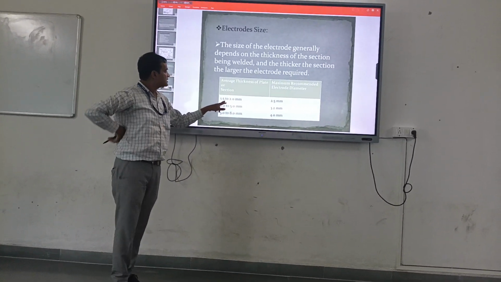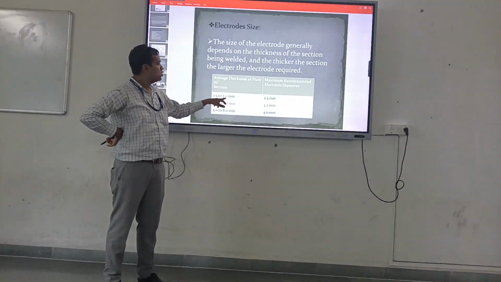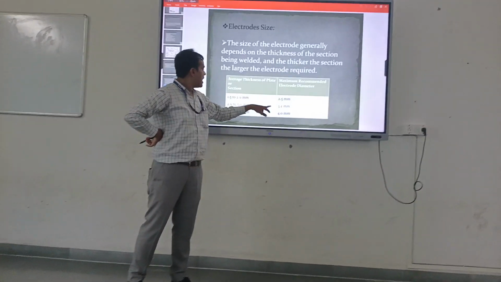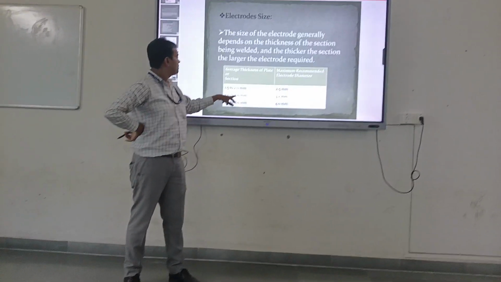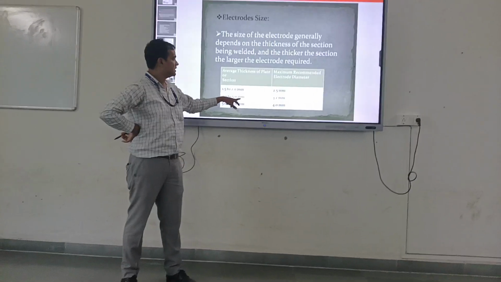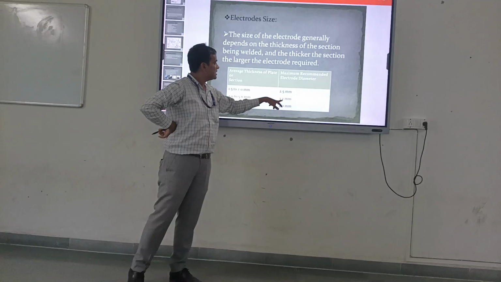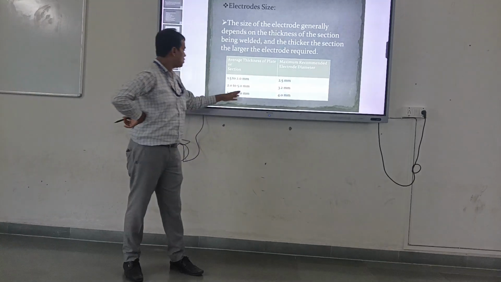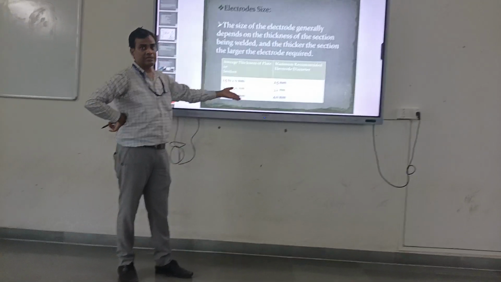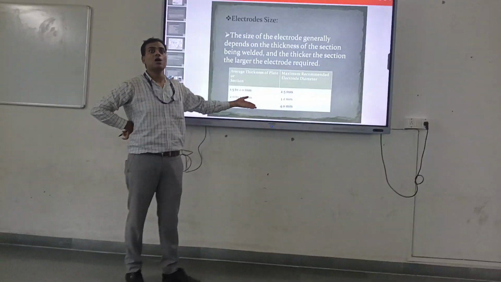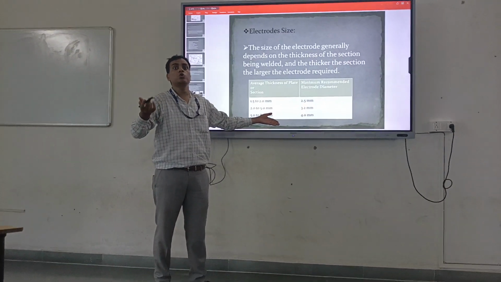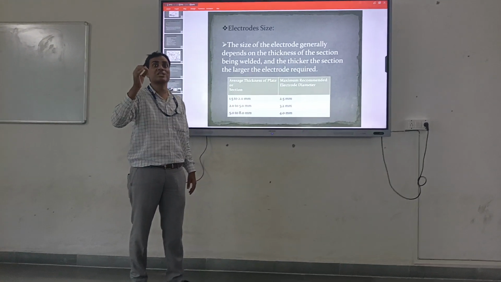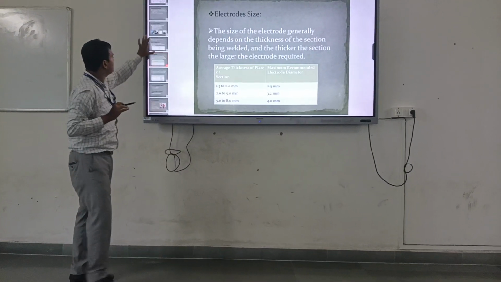If the workpiece thickness is between 1.5 to 2, the maximum electrode thickness is 2.5 mm, and for 2 to 5 mm thickness of the workpiece, the electrode thickness is 3.2. Thickness here means diameter, so 3.2 mm. All three conditions are given here. Accordingly, I have to select the electrode for the thickness I am going to weld, so it totally depends upon our workpiece thickness.